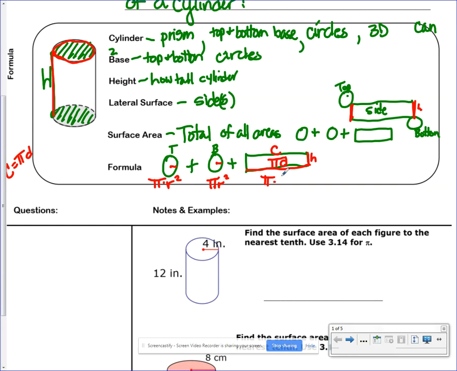So this is pi times diameter times height. Notice I like to write radius squared here, and I use diameter here, and I simply need you to be able to discern between the two. Tomorrow we're going to get into more examples. I'm going to stop here. Check Schoology for what your assignment is so far, and we'll go from there. Good luck, and may the force be with you.